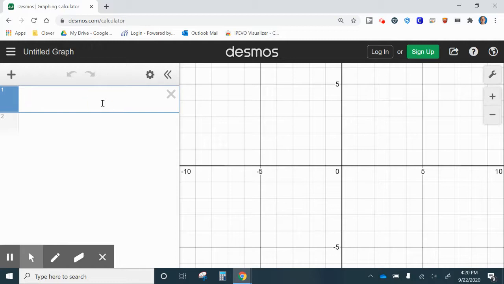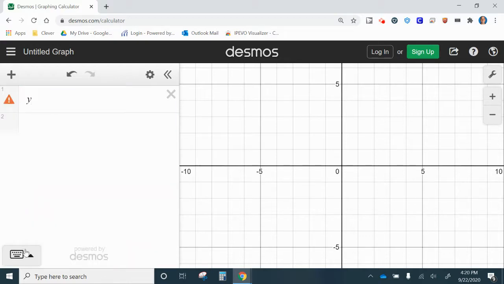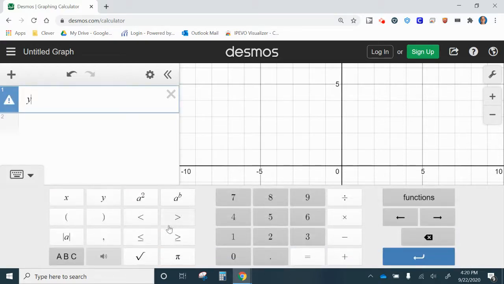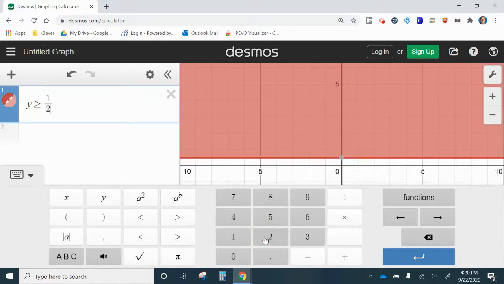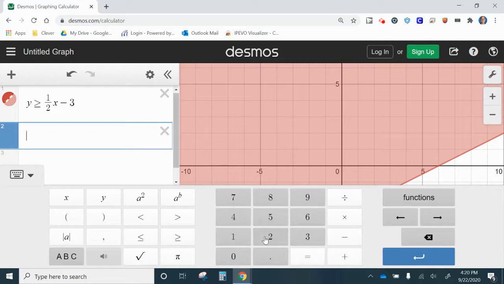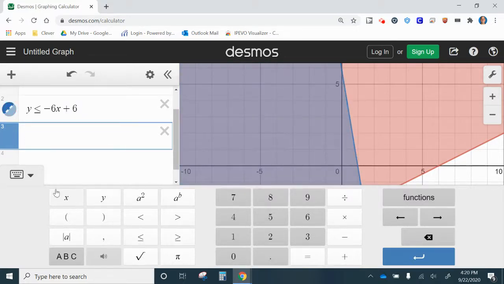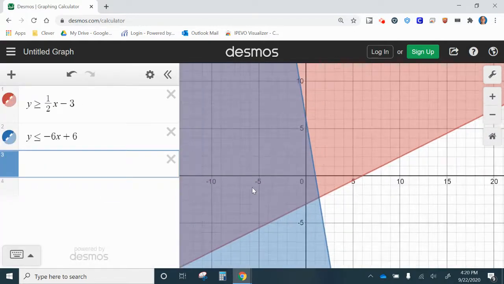Click here, and then I'm going to type y, hide that tool, and then the inequality: y is greater than or equal to 1 divided by 2, x minus 3, and y is less than or equal to negative 6x plus 6. Then I'm going to bring this down and zoom out a little bit.